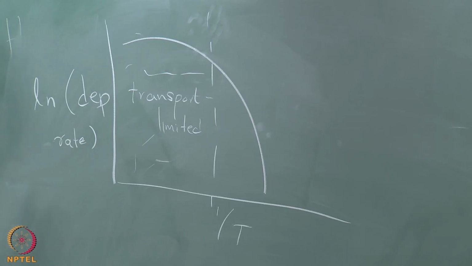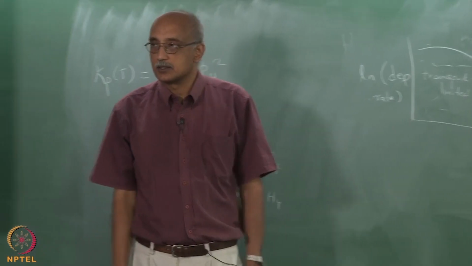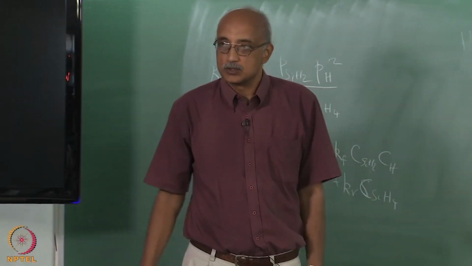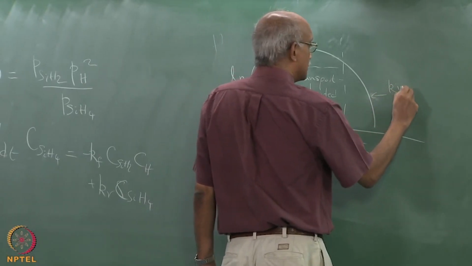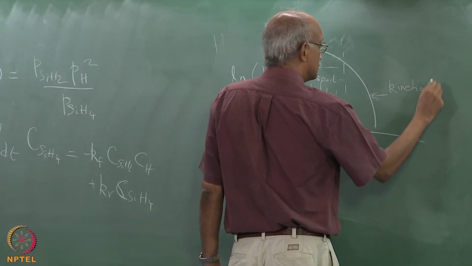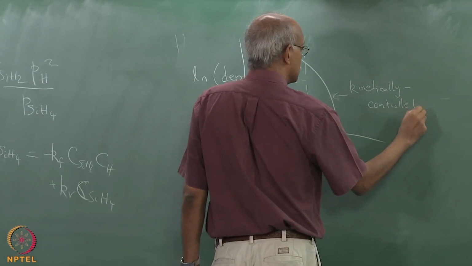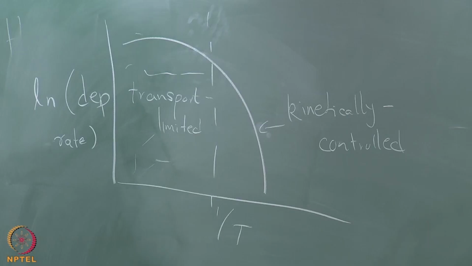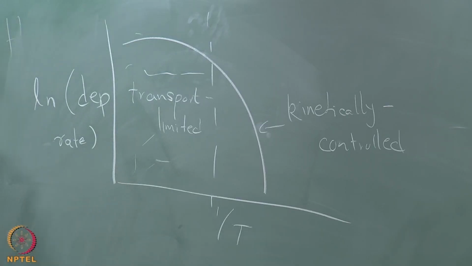And of course, by extension then, the region where you see a very sensitive dependence of the rate of deposition to surface temperature, you would call this a kinetically controlled regime. Another way to state it is, this is the region of very high temperature, right.